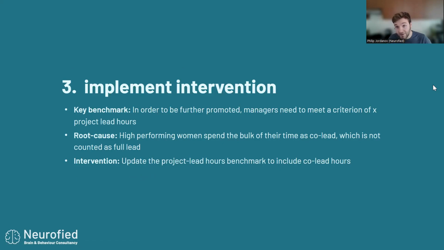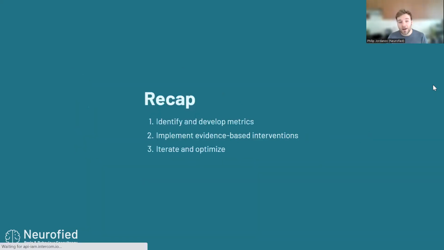So now they developed this metric, this benchmark, the hours, co-lead hours. And what they did was update it in such a way that this benchmark now includes co-lead hours as well. So again, this is a very small tweak to an existing HR system that evaluates employees. And what they see is that by including co-lead hours and lead hours under the same criteria, they see a great result in their management.